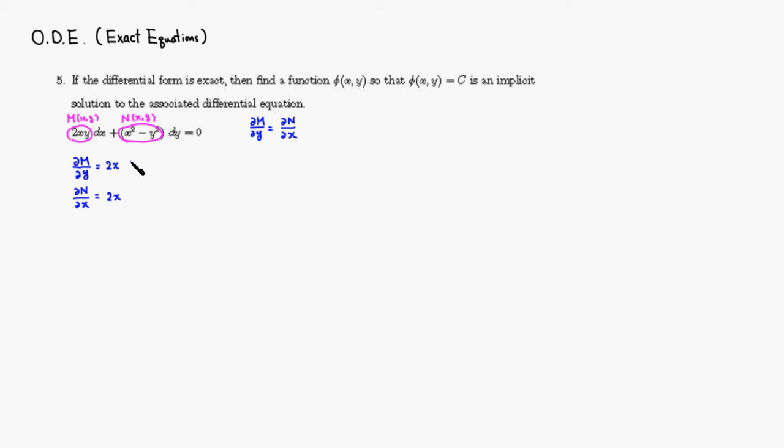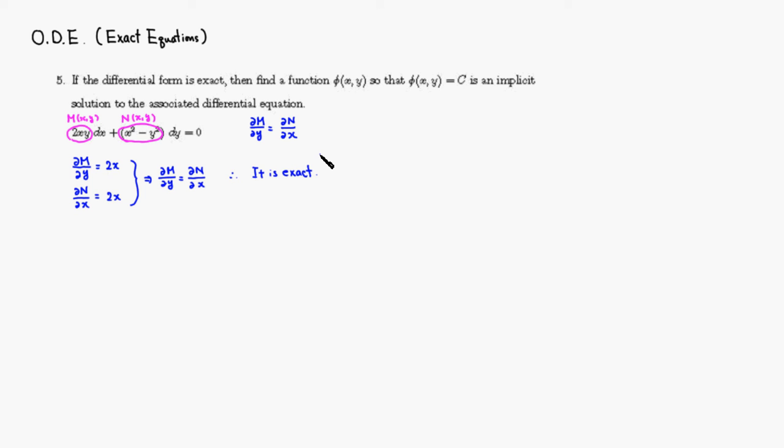So since we have the same thing, the partial derivative of M with respect to y is exactly the same as the partial derivative of N with respect to x. Therefore, this is exact. So this is an exact equation.